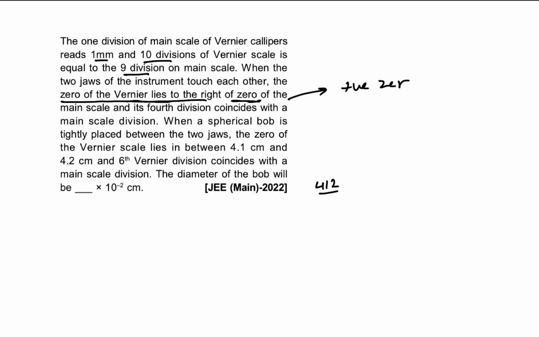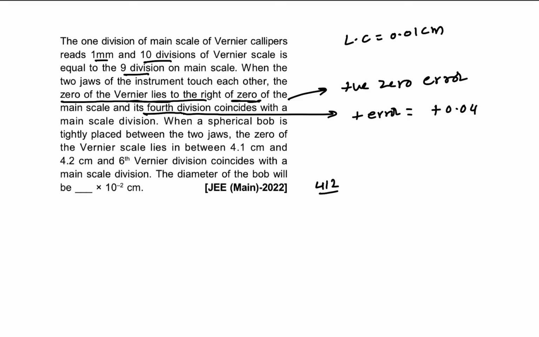This is positive 0 error. And which division is coinciding? Fourth division is coinciding. From the above data, LC is equal to 0.01 centimeters. We can calculate like earlier cases only. And the positive error, we can write as plus 0.04 centimeters.